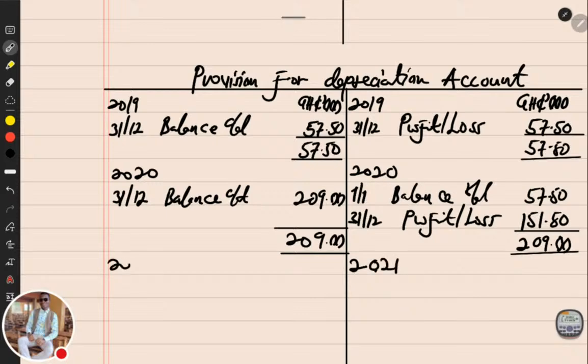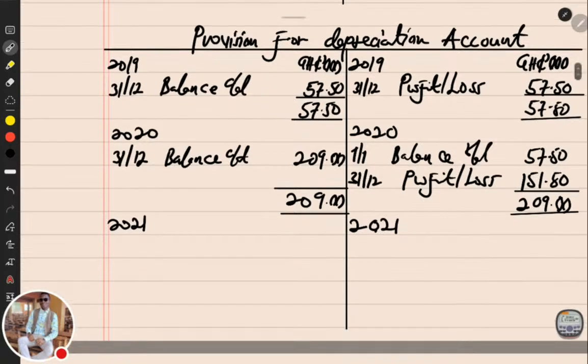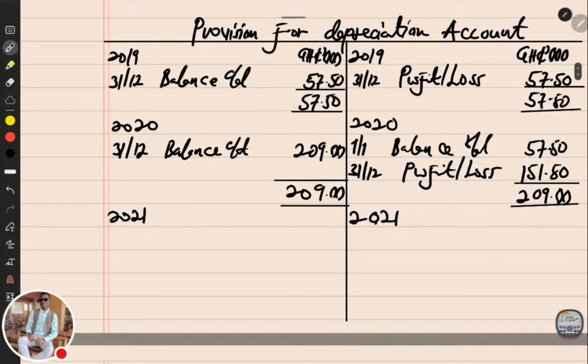Here you work very fast. So 2021, balance carry down, balance brought down. So we have 1st January. Then we have balance brought down, BD, as what?